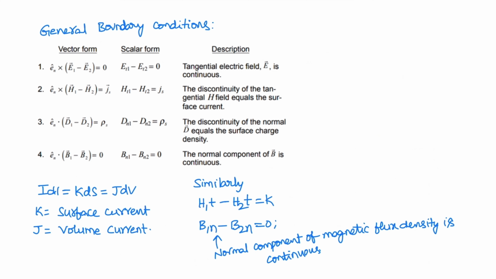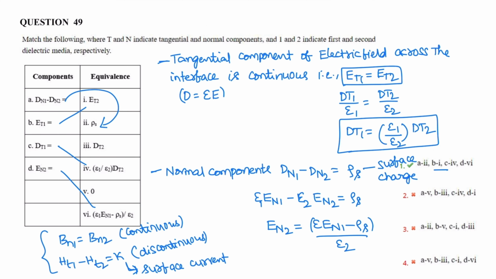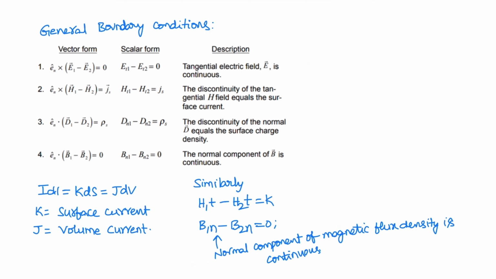Next question. These are the general boundary conditions. The tangential component of electric field is continuous. There is a discontinuity in the tangential H field across the surface current. Next, discontinuity in the normal D bar equals the surface charge density. The normal component of B is continuous.